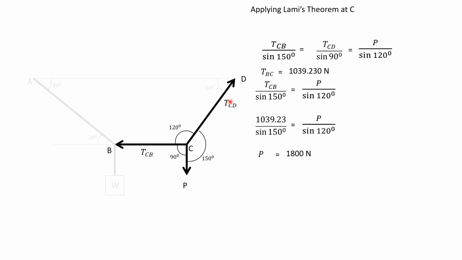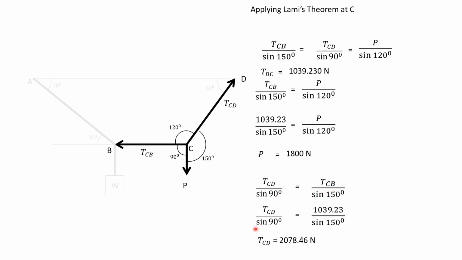And for TCD, consider first one and last one. TCD by sin 90 equal to TCB by sin 150. From this we get TCD value.